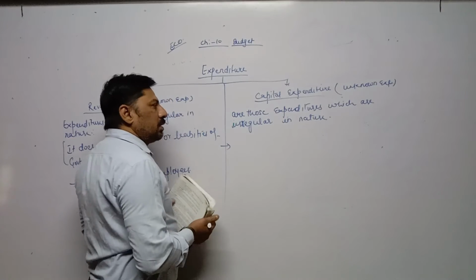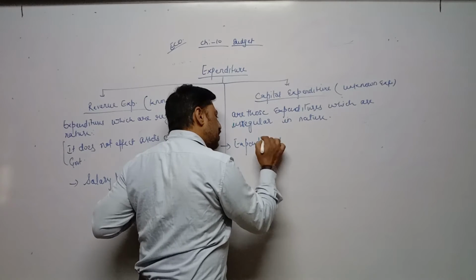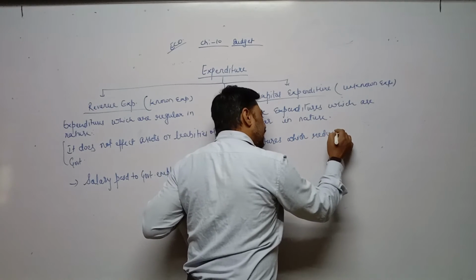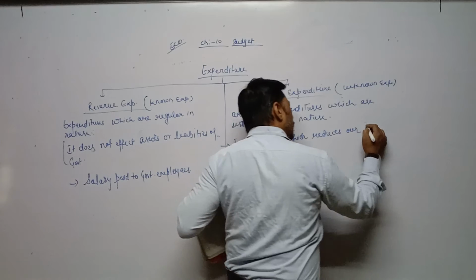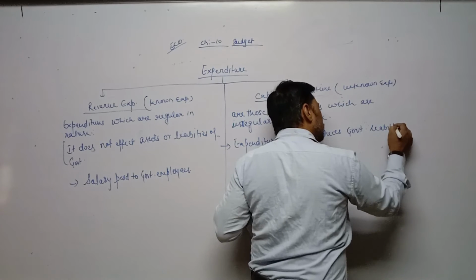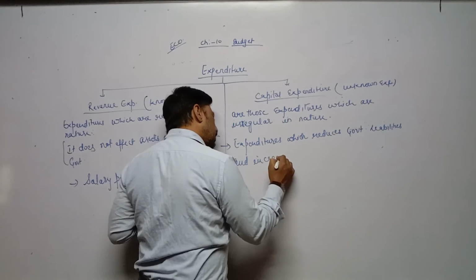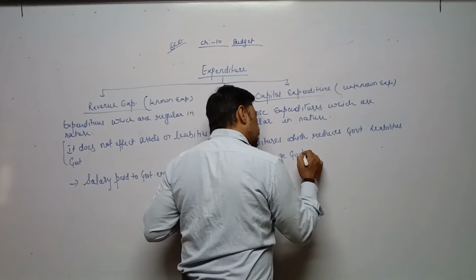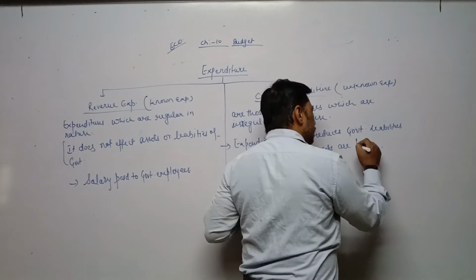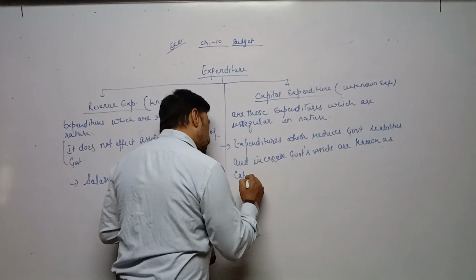Or technically, expenditures which reduce government's liabilities and increase government's assets are known as capital expenditure.